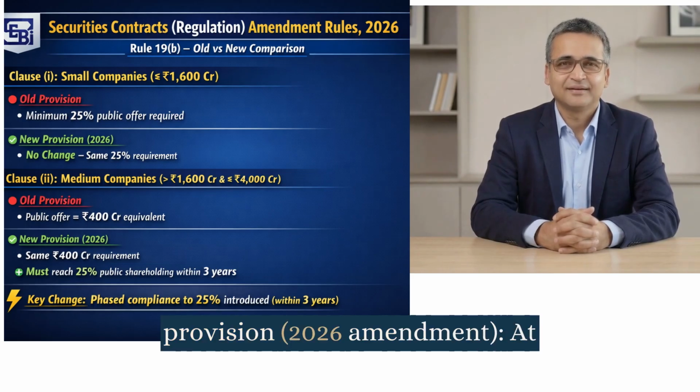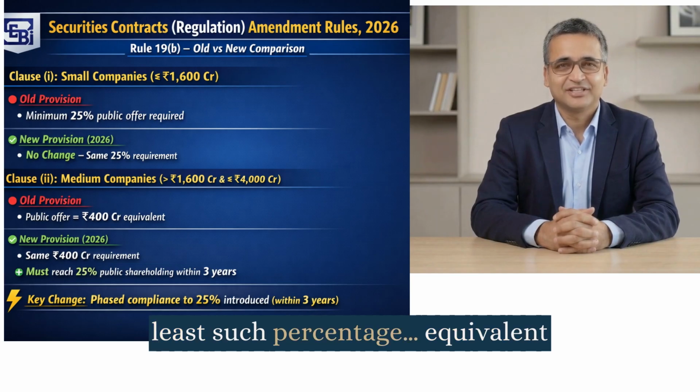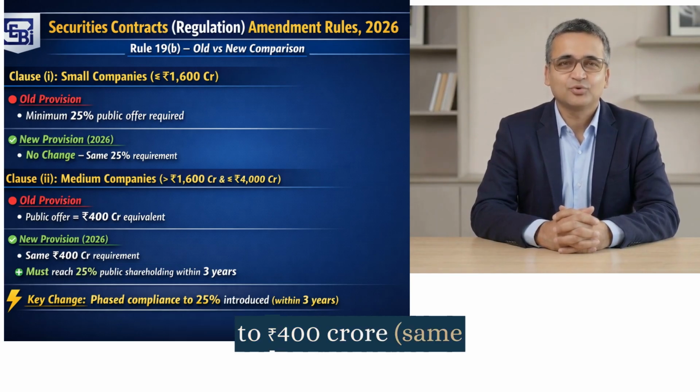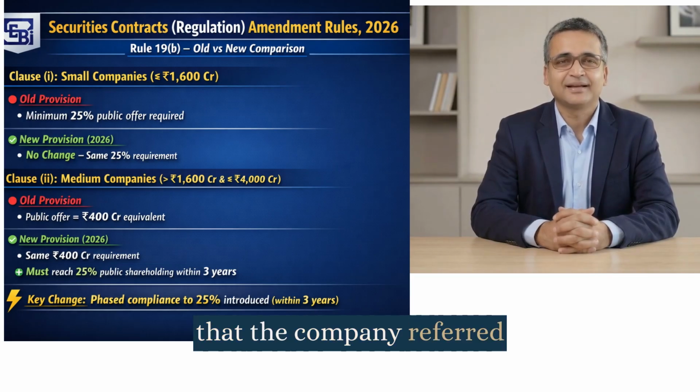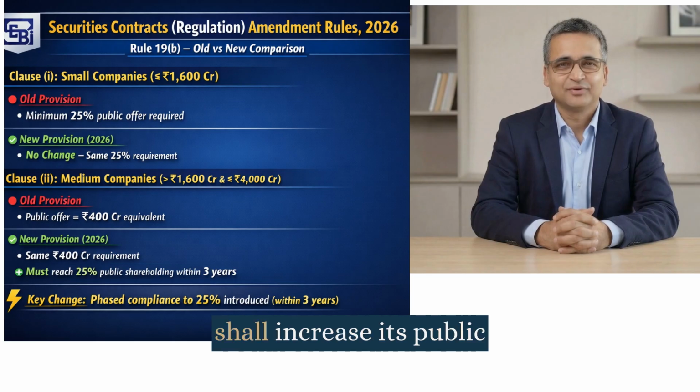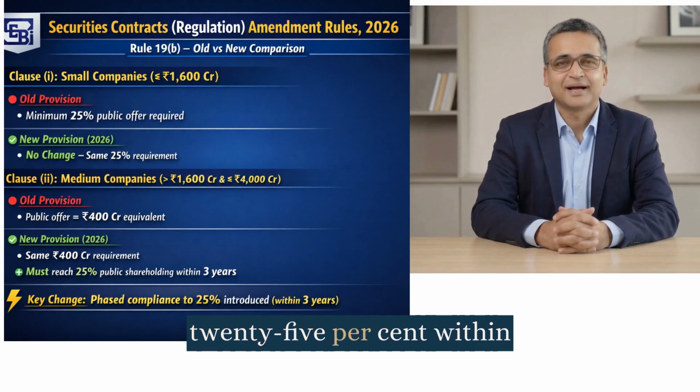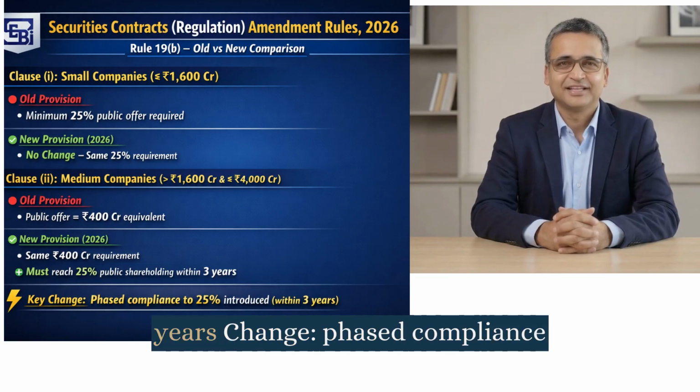New provision, 2026 amendment: at least such percentage equivalent to 400 crore, same as old, plus provided that the company referred to in subclause 2 shall increase its public shareholding to at least 25% within a period of 3 years. Change.